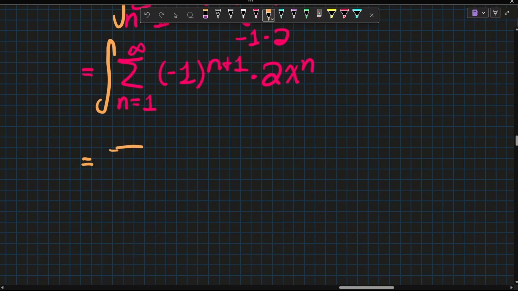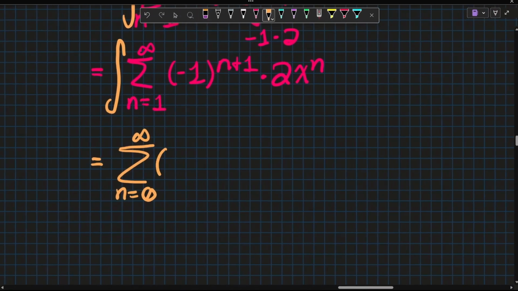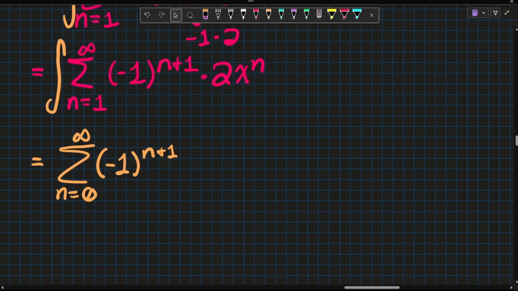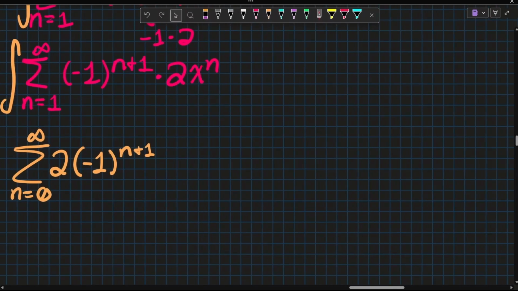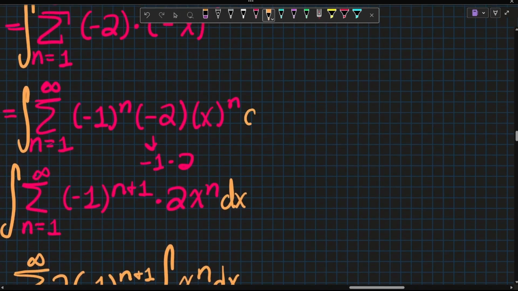We can take out the summation symbol, n equals, we'll say 0, because once we integrate it, we'll get the original c0 term, right? You can take out the negative 1 to the n plus 1, and the 2 is a constant as well, and then you have the integral of x to the n dx.